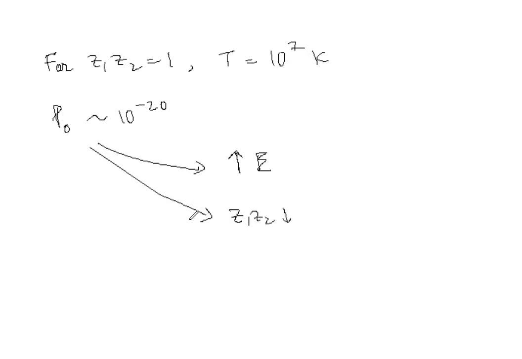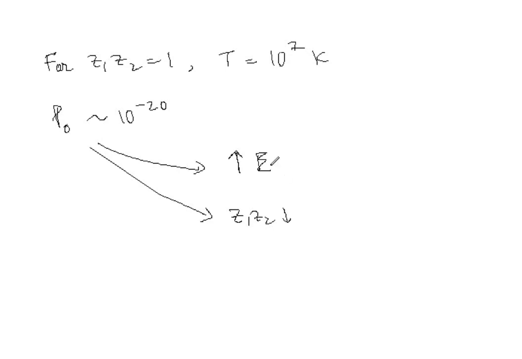Therefore, even for temperatures as low as 10 to the power 7 Kelvin, only the lightest nuclei have a chance to react. Why lightest? Because they have the smallest value of Z1 Z2.